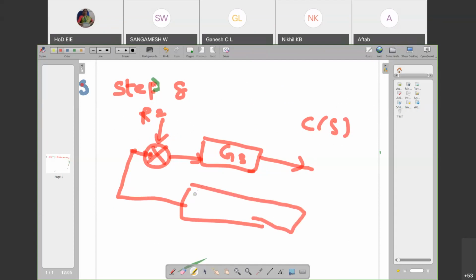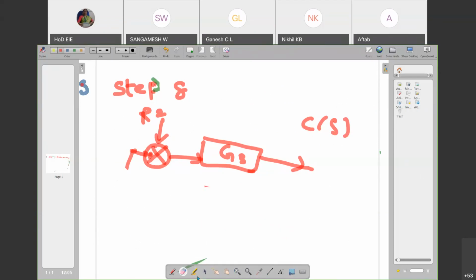What is in cascade? Minus H1, G1, G2, minus H2, whole divided by, this I'll write properly and mark it. So they take the product of those two. That would be the thing. Let me just write it.